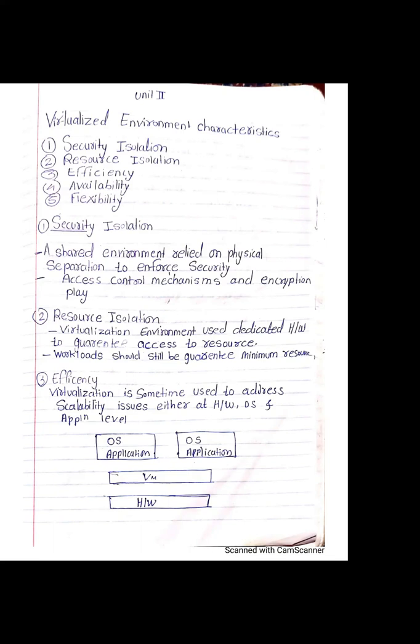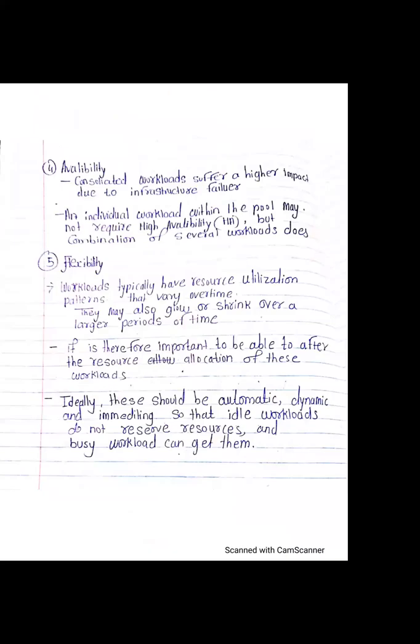Virtualization is sometimes used to address scalability. I already explained in my previous video what scalability means. Scalability issues can be at the hardware level and the operating system level. Then availability. Consolidated workloads suffer a higher impact due to infrastructure failures.